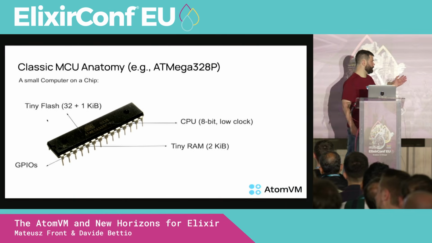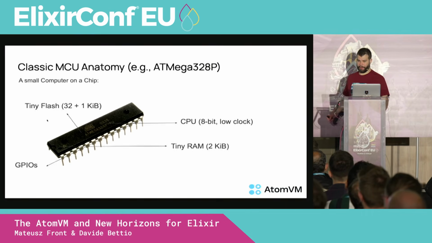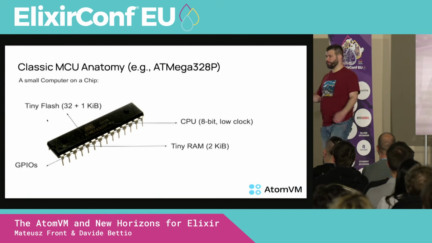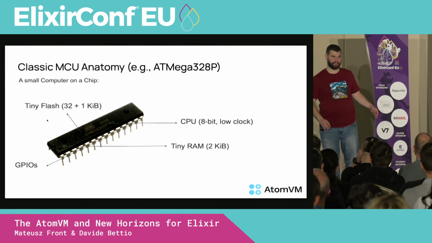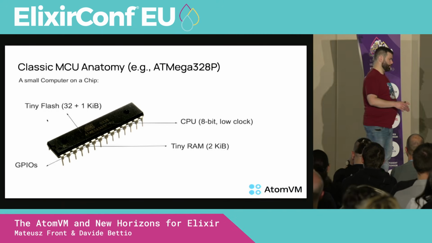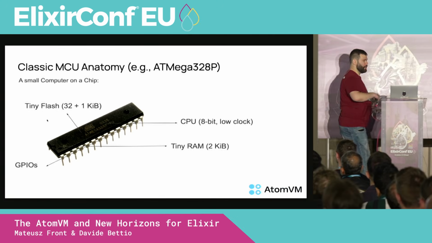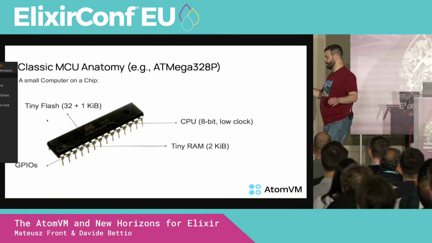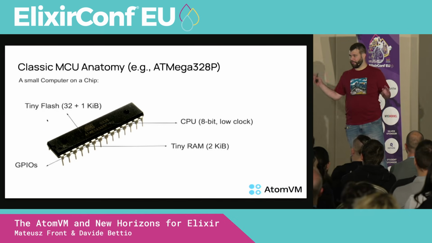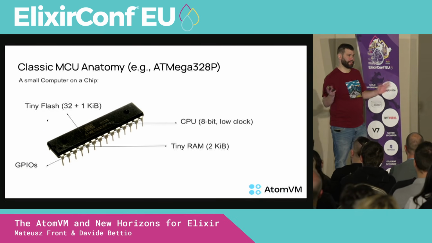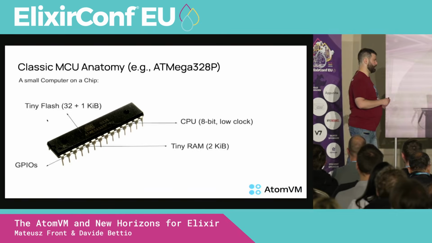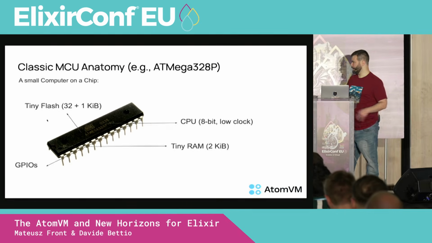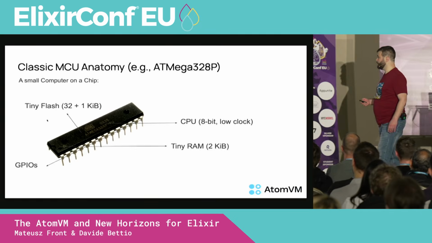In the case of Arduino, you have a few kilobytes of RAM, a few kilobytes of storage, and you have those things called GPIOs that allow you to connect to sensors or any kind of device using electronic circuits. The interesting thing about GPIOs is that they can be configured in a certain way at runtime. So you can do a lot of stuff, with a lot of different configurations.